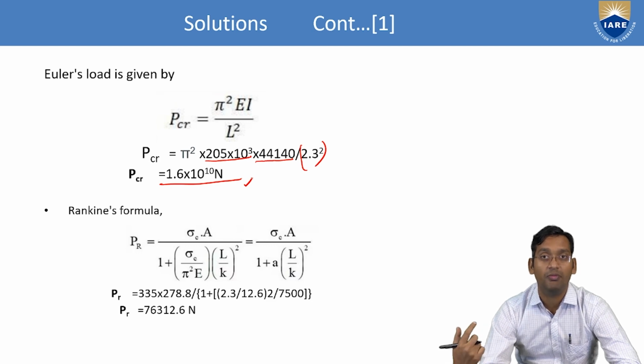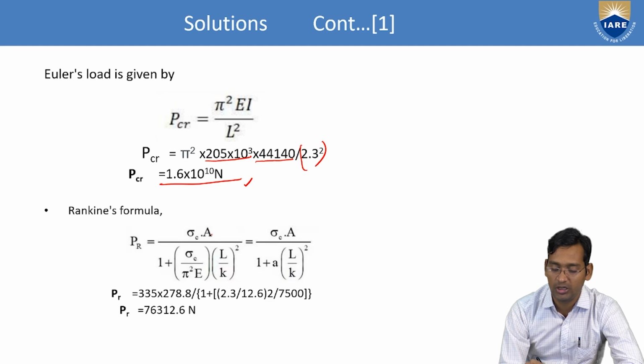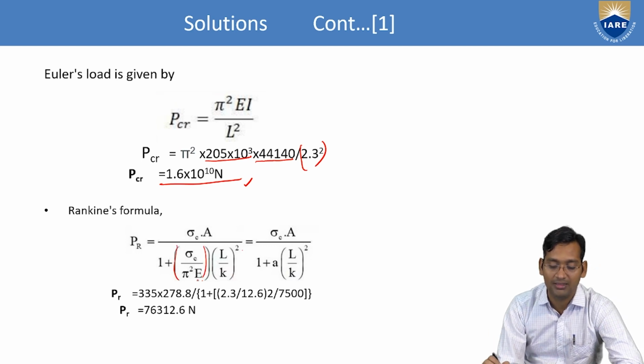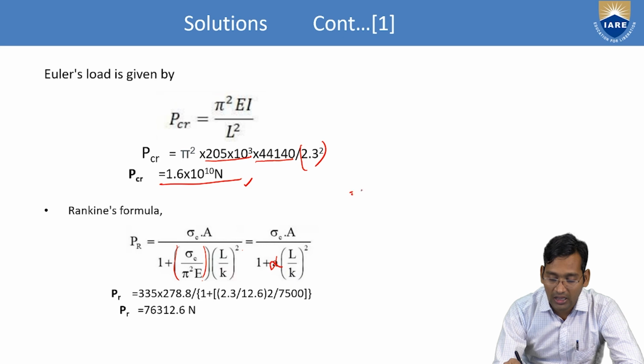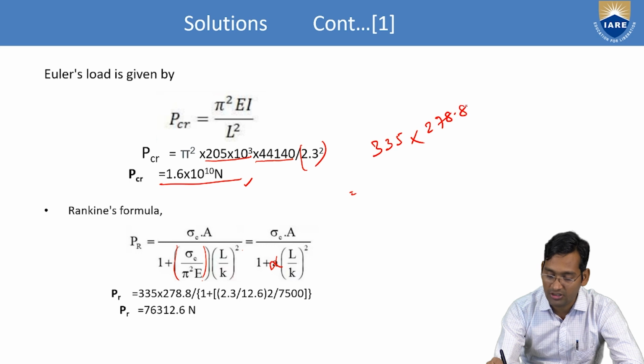Now what do we have to find? By Rankine's formula. Rankine's formula is PR equals sigma C into A divided by 1 plus sigma C by pi square E into L by K whole square. And this is the alpha value we found. Now let's see. After putting the value, sigma C was 335 into A, the area, was 278.8.